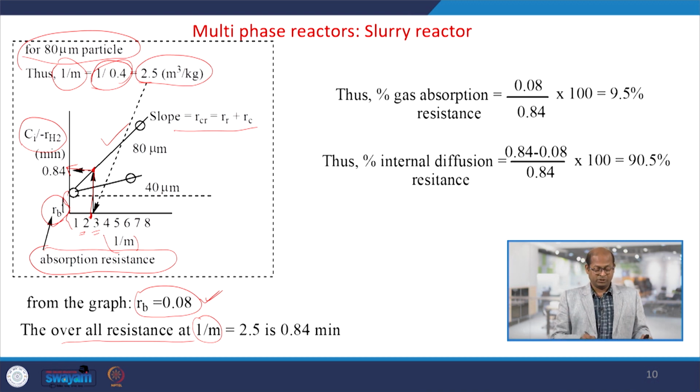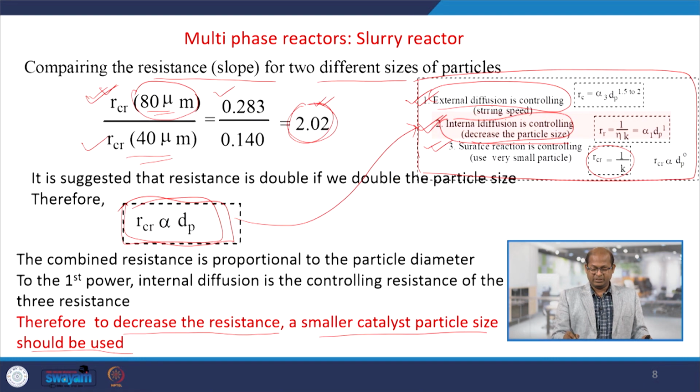So, the total or overall resistance is this, and the absorption resistance is this. We already know that for this system internal diffusion resistance is controlling, and external resistance is not controlling.